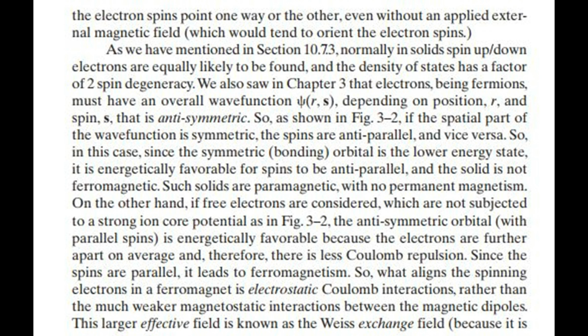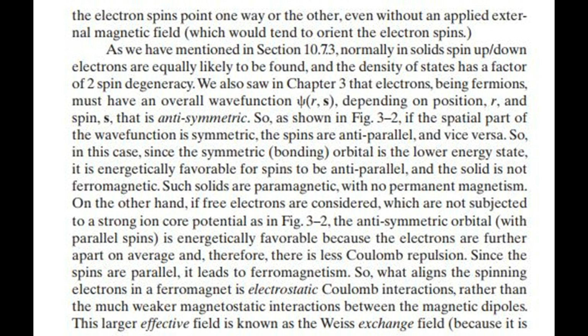On the other hand, if free electrons are considered, which are not subjected to a strong ion core potential as in Fig 3.2, the antisymmetric orbital, with parallel spins, is energetically favorable because the electrons are further apart on average and, therefore, there is less Coulomb repulsion. Since the spins are parallel, it leads to ferromagnetism.